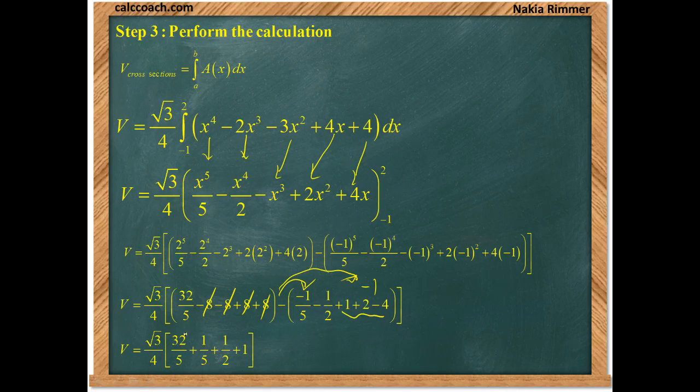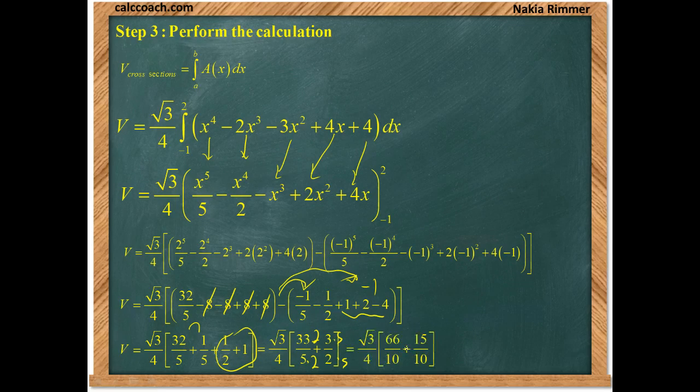Let's put these two together since they're both already over 5 and call it 33 over 5. And then we know what 1.5 is. That's 3/2. Common denominator is 10. We multiply by 2 here. We multiply by 5 here. So double 33 and get 66. 3 times 5 is 15.